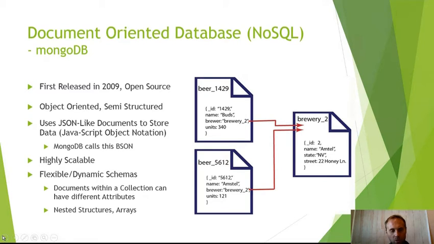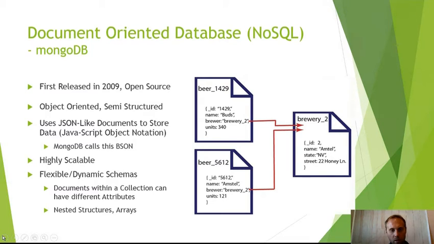The schemas are also flexible and dynamic. And what that means is documents within a collection can have different attributes. So in this example, maybe one of those beers has an attribute for picture, and there could be a nested structure under that picture attribute where there's more curly brackets, and you could list out several different pictures that are associated to that beer.